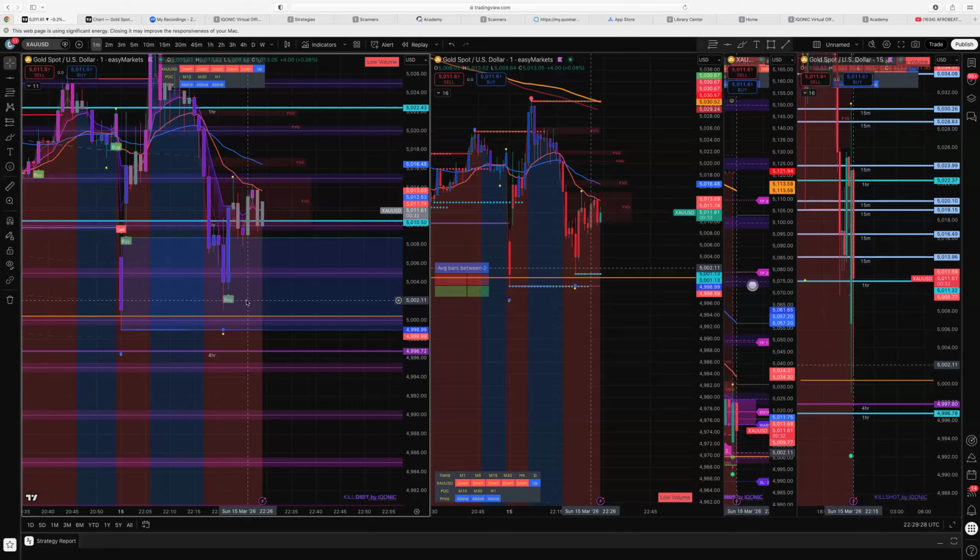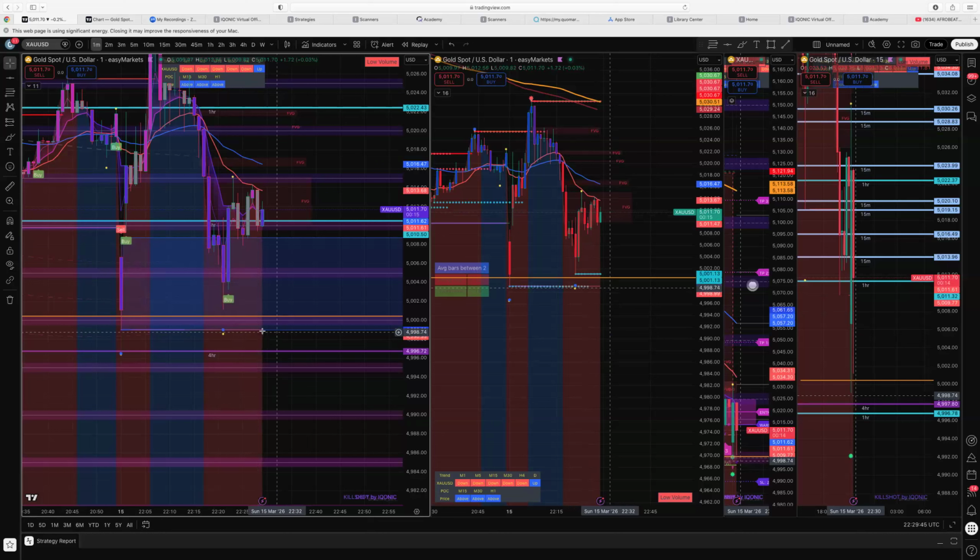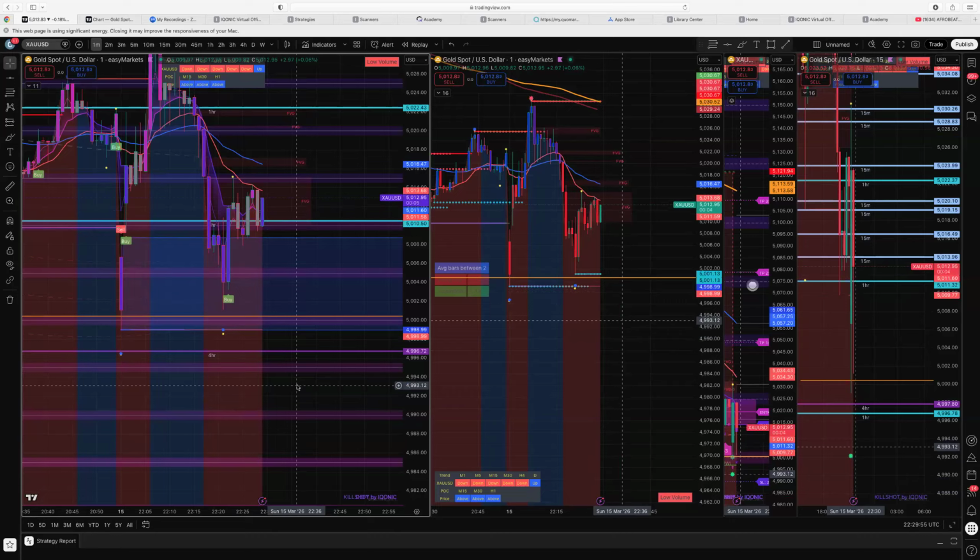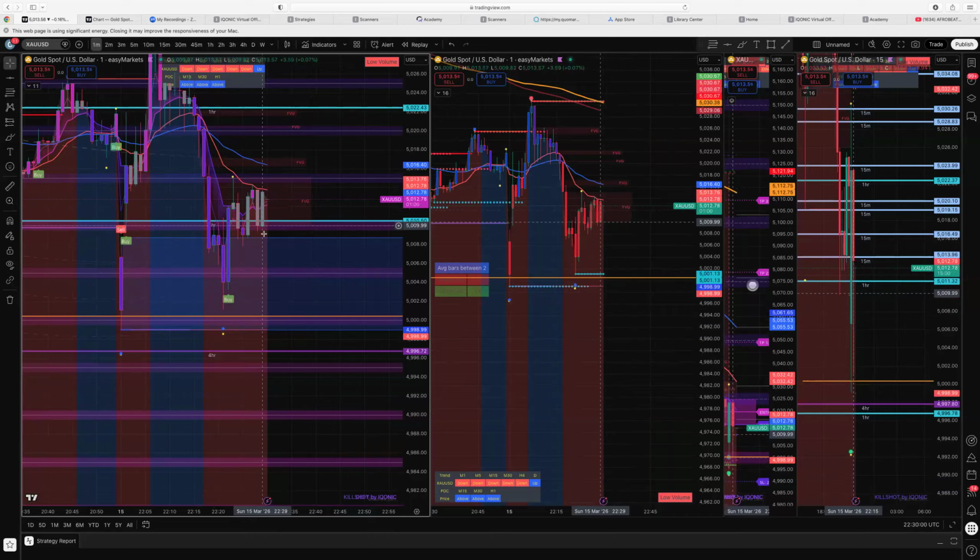If it's going to go through this, guys, once it does, it should. And if it breaks on the opposite side of it, then we're probably going to go down, we could go down even further. But will it do that? Because it's a strong zone here.